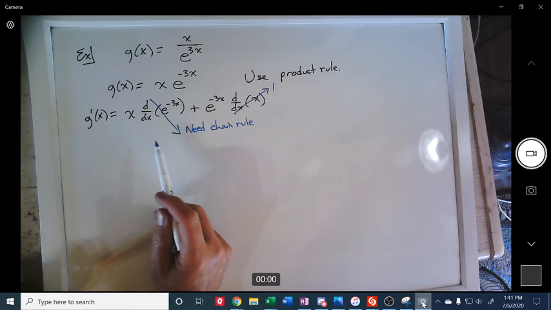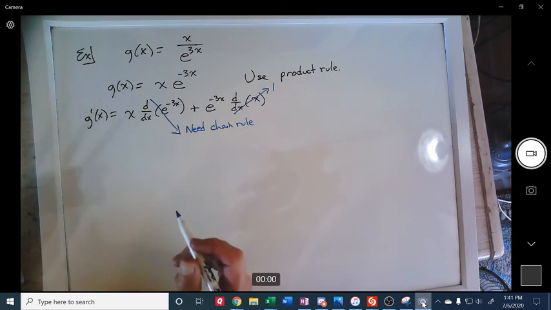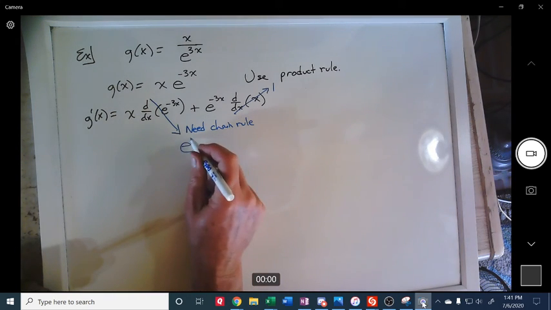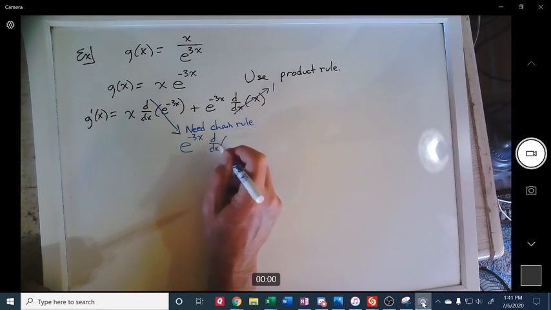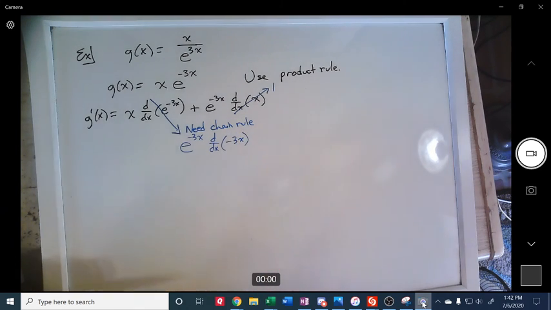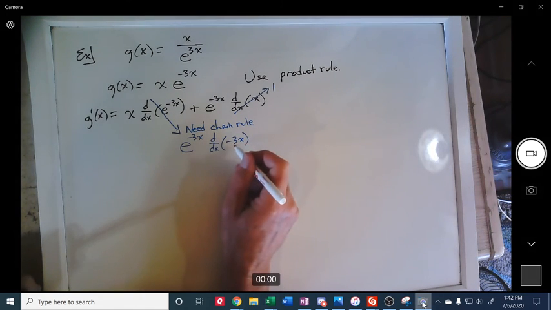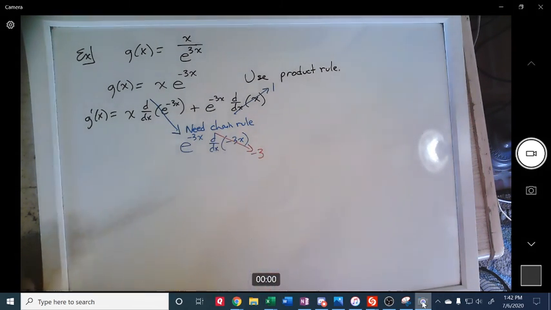What's the outermost function? e to the something. What's the derivative of e to the something? e to the something again. Now, we have to take the derivative of the innermost. But what's the derivative of negative 3x? It's just negative 3.